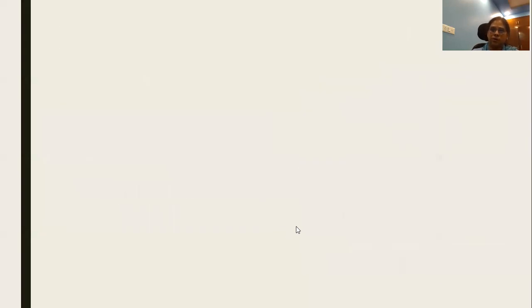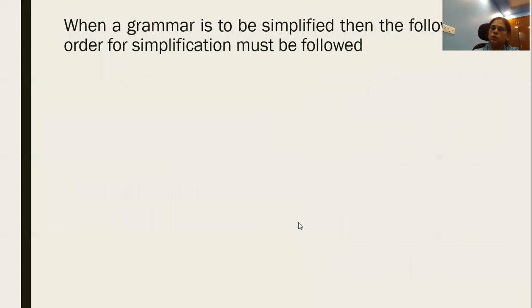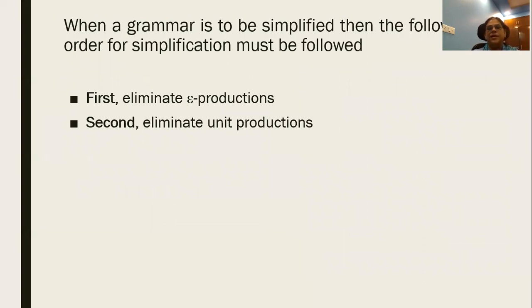So with this final conclusion, I want to remind you once again that when you are given a grammar to simplify, then you must follow this order of steps. First, eliminate epsilon productions. Then, eliminate unit productions.